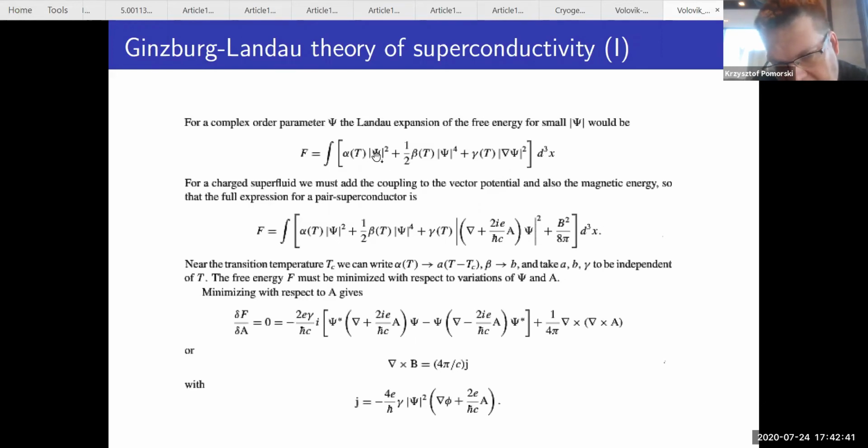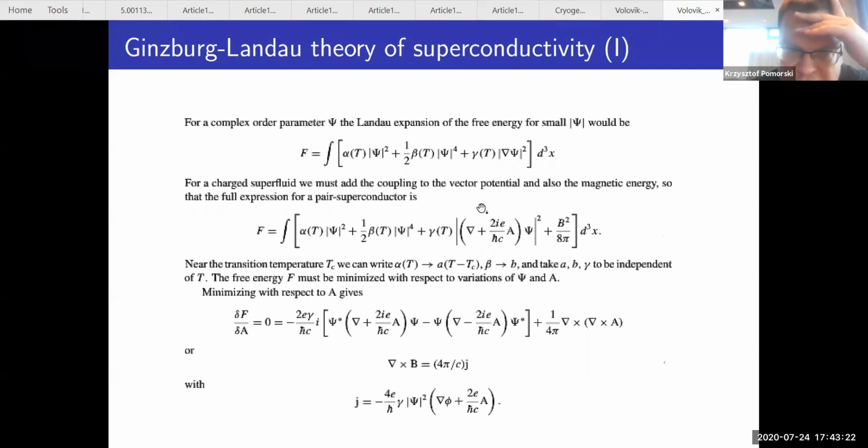That is, the modulus square of psi is nothing else than the density of Cooper pairs, and by the square of this density, and there is some gradient of this density, right? And the thing is that alpha has a negative value and beta has a positive value, and they are both temperature dependent. And there's also this gradient term, where you can imagine that gamma is scaled by one over twice the Cooper pair mass, more or less.